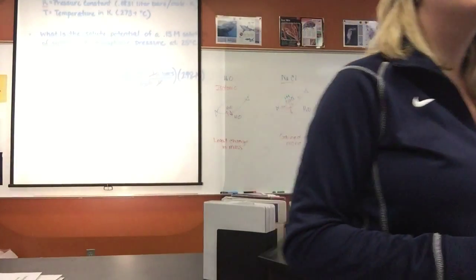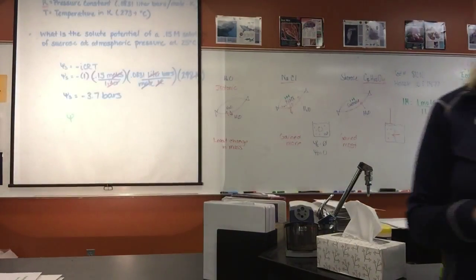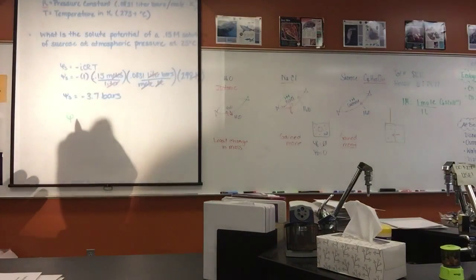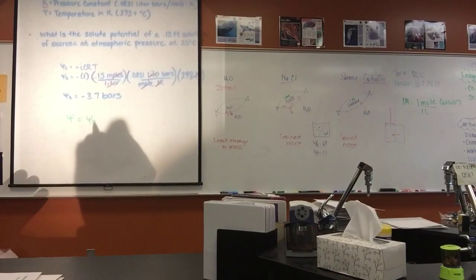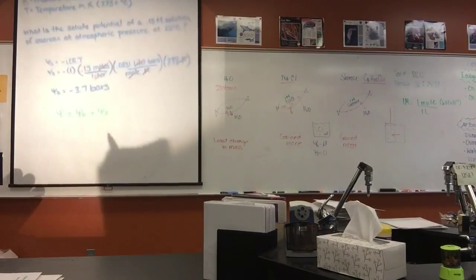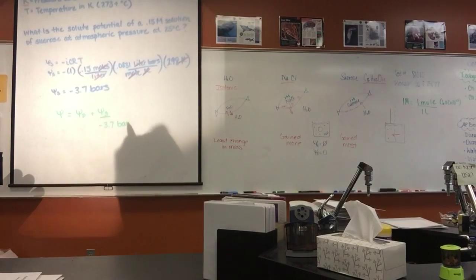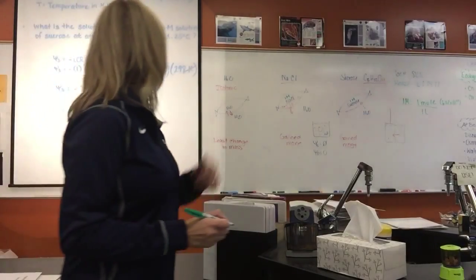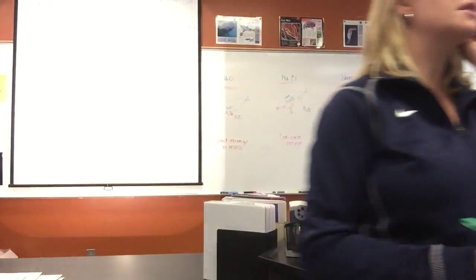Could you tell me? How do we figure out water potential? Pressure potential plus the solute potential. All this calculation just gave us the solute potential, negative 3.7 bars. Do we have any information about the pressure potential for this solution?